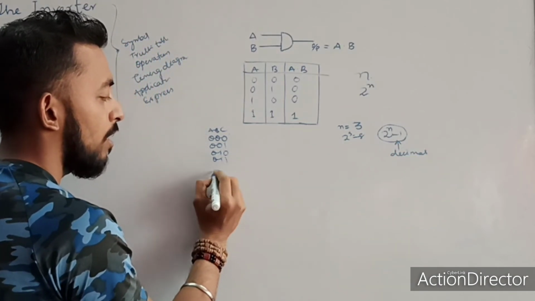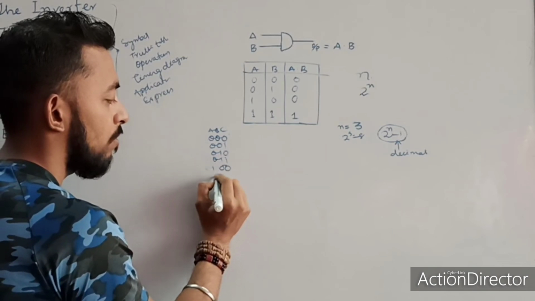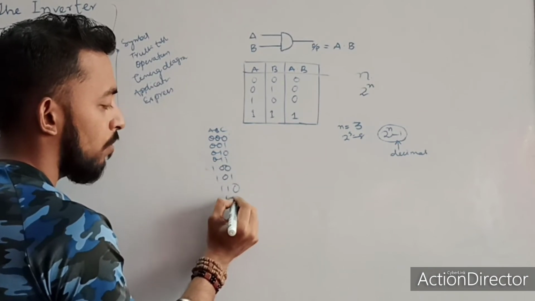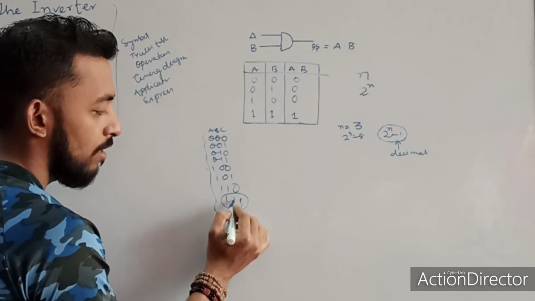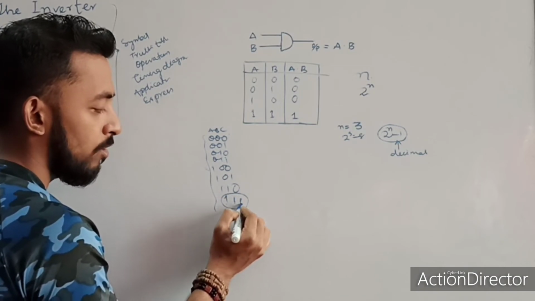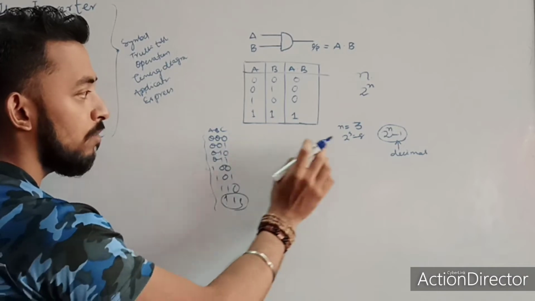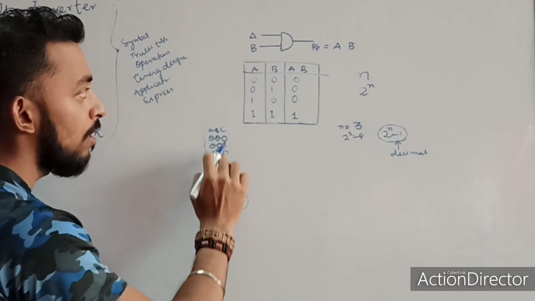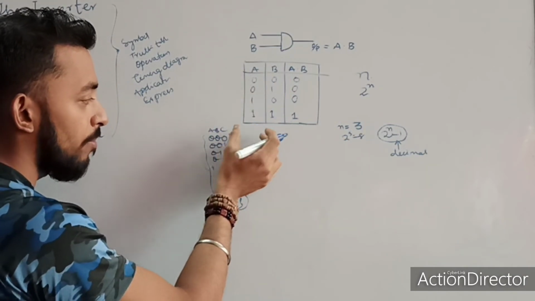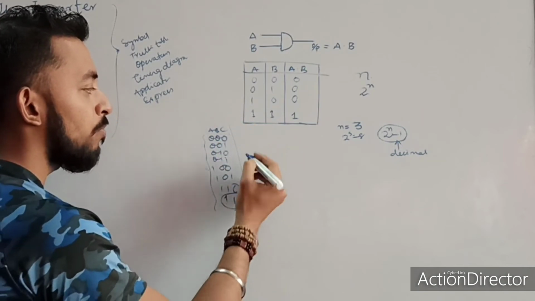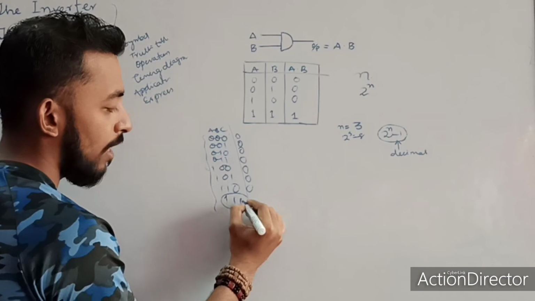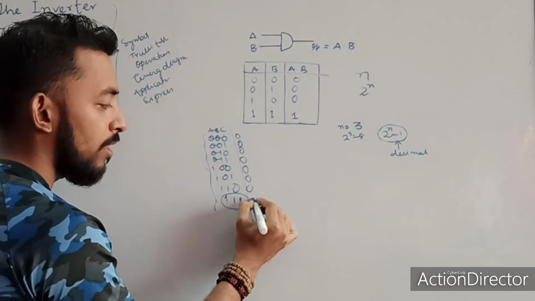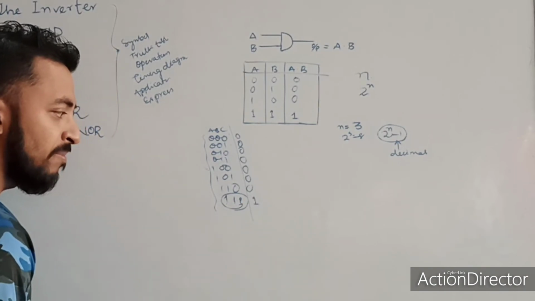So 0 1 1, 1 0 0, 1 0 1, 1 1 0 and 1 1 1. You see there are 8 values, and the last one gives the value 7: triple 1 means 4 plus 2 plus 1, which is 7. So when I have 3 inputs, these are the possible combinations. The output will be 0 for all cases, and only for the last case, when all inputs are 1, will the output be 1.